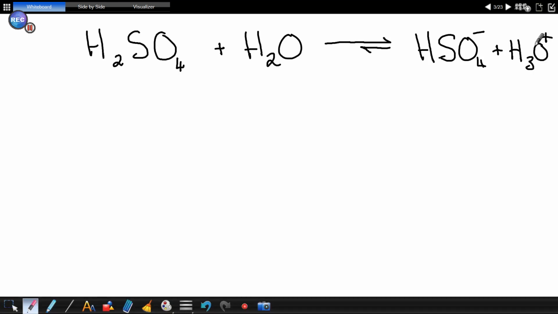and H3O plus. Now I want to concentrate on Lowry-Bronsted definitions, because I have introduced the fact that a reaction like this is reversible. And I deliberately made the arrow that points back shorter, because this is a strong acid.